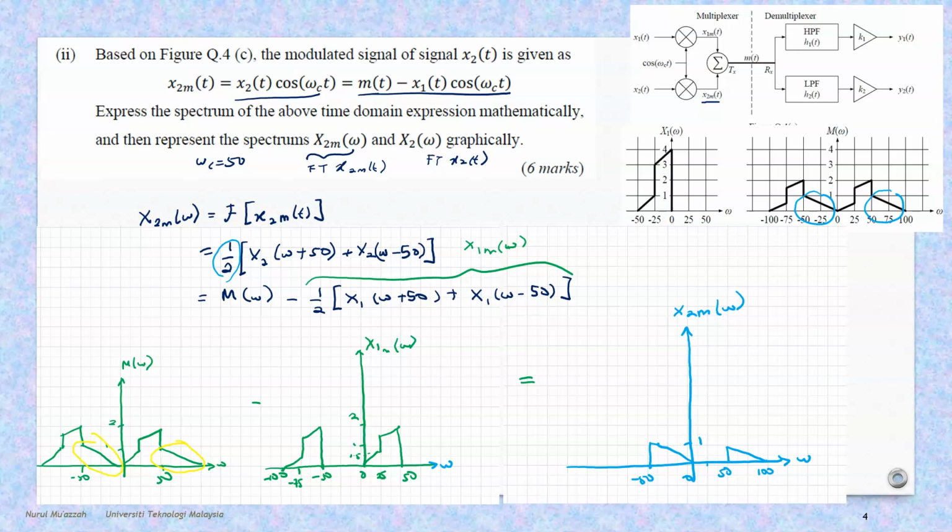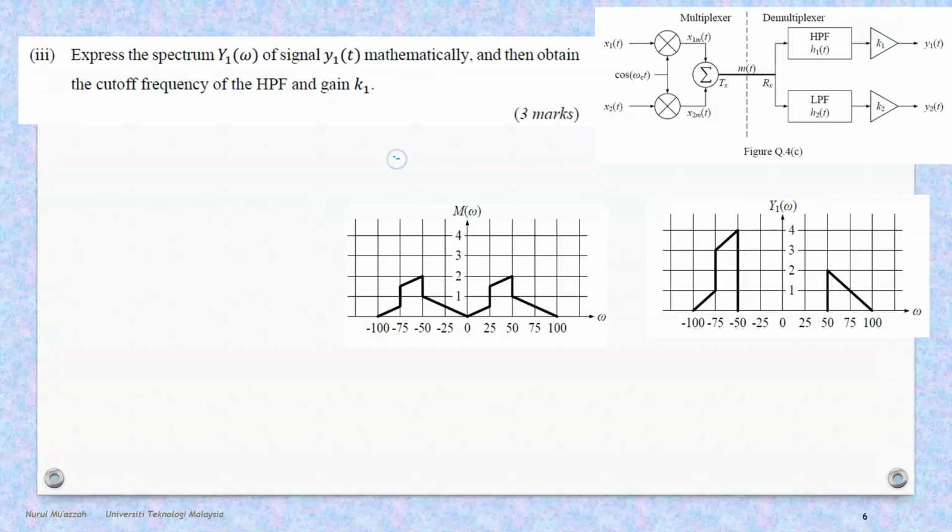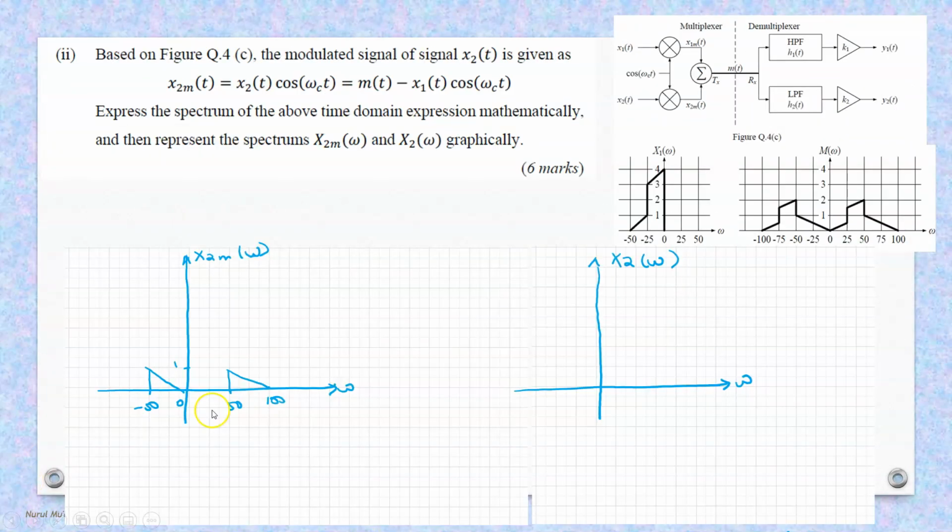So we should draw the same shape for x2 omega as this one, but we only have one component because it has not been modulated, and the highest amplitude should be double this one, so it should be 2. So we will draw it again. We want to represent x2 omega.